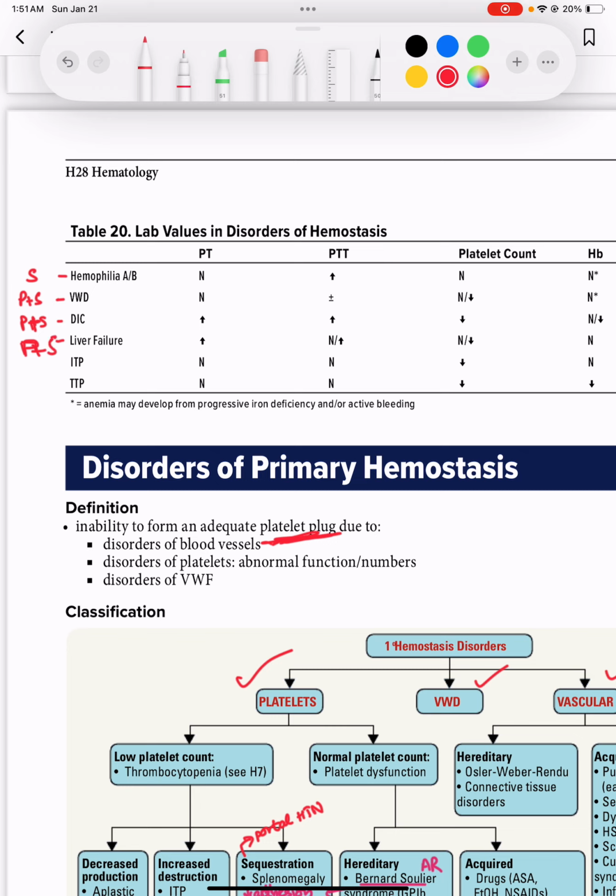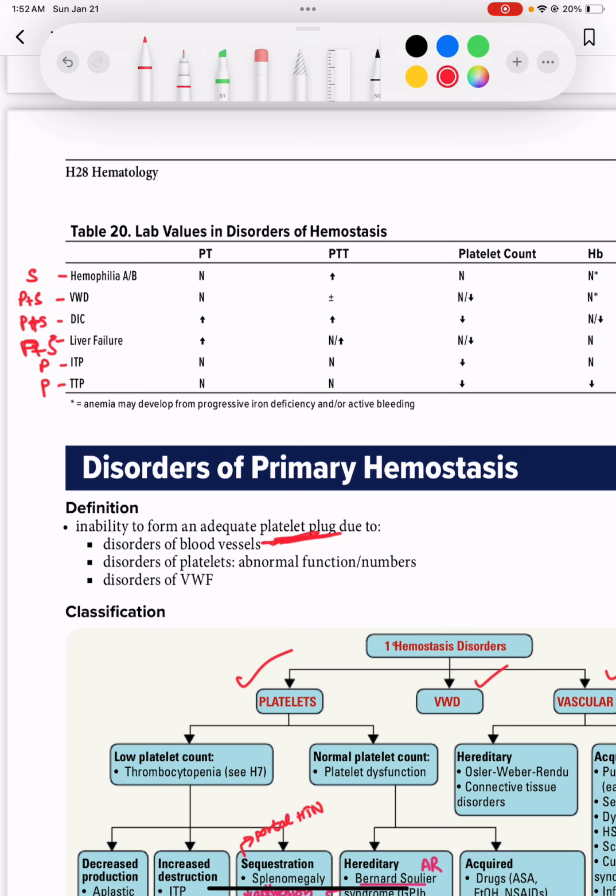We just read the causes of those, nutritional deficiency and hypersplenism. That is why thrombocytopenia, and secondary because of loss of clotting factors. But within secondary it would be more towards the extrinsic one, and ITP would be just primary, TTP would be just primary, right?